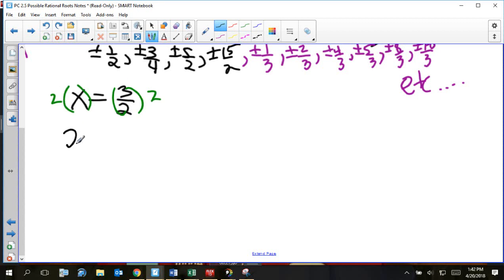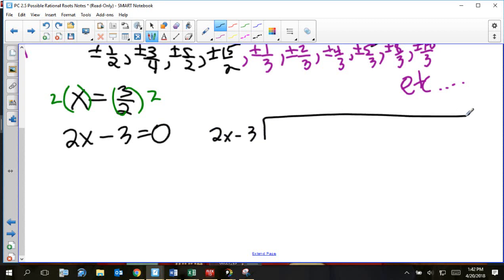So if I write this as a factor, it's 2x minus 3. And if it has a 2 in front, I'm not using synthetic division, I'm now using long division. So 2x minus 3, we're going to use long division to factor that out.